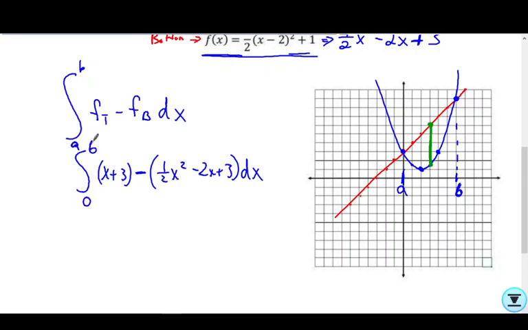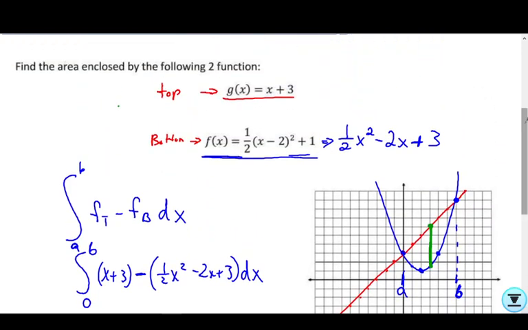Now, we didn't have to graph this. We really didn't have to. It helps to graph it to see whether you're doing vertical or horizontal. Okay? But we could have found the points of intersection by setting these two equal to each other.